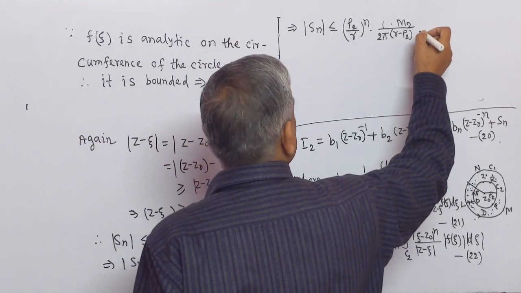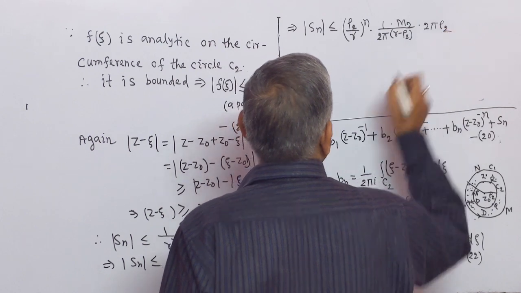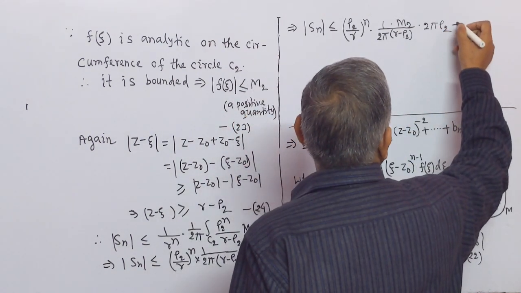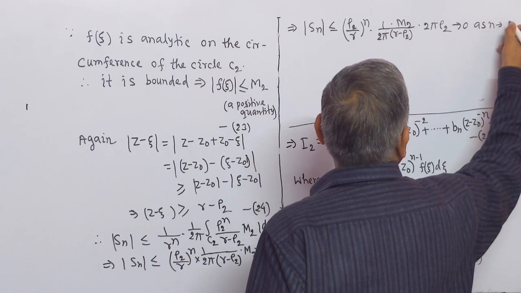This is 2 pi rho 2, and this tends to 0 as n tends to infinity.